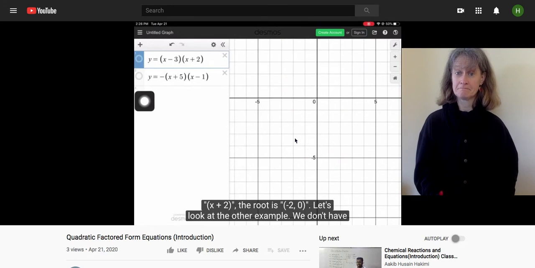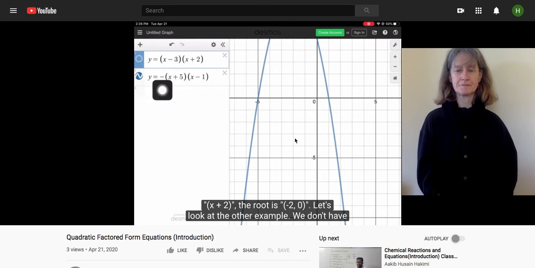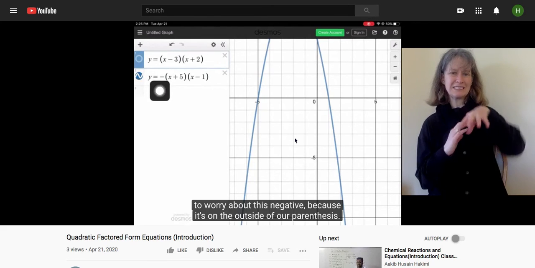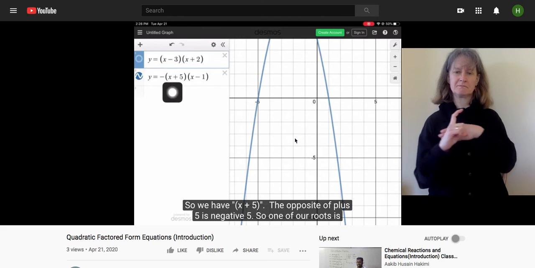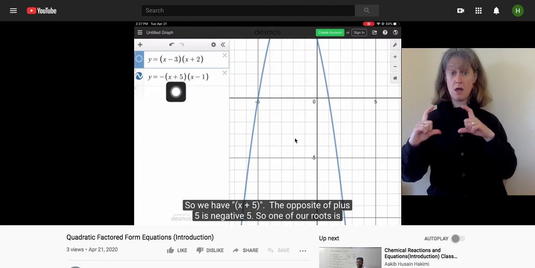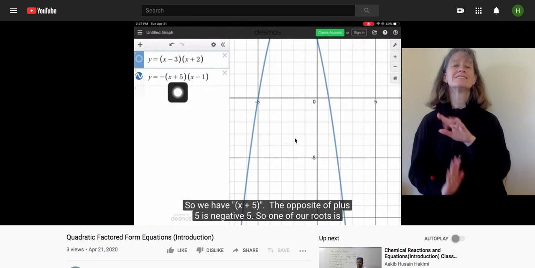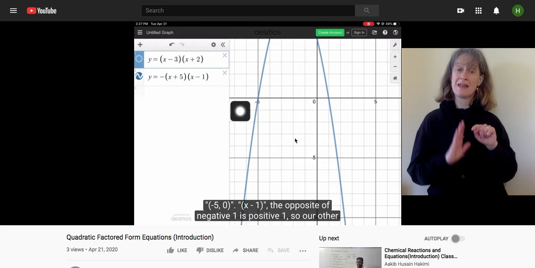Let's look at the other example. We don't have to worry about this negative because it's on the outside of our parentheses. So we have x plus 5. The opposite of plus 5 is negative 5. So one of our roots is negative 5, 0.